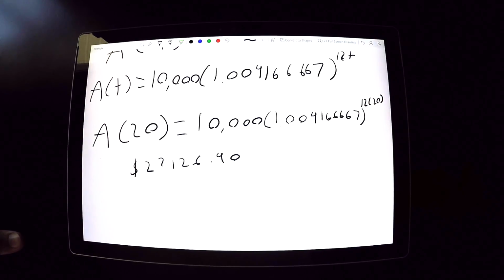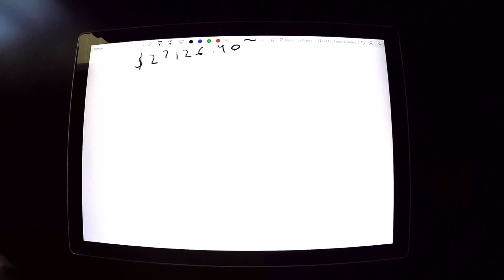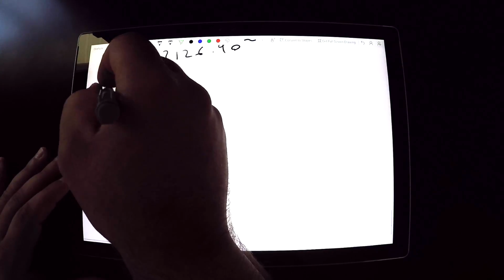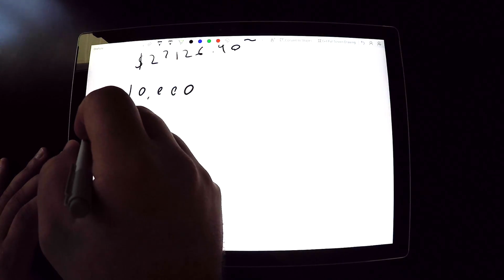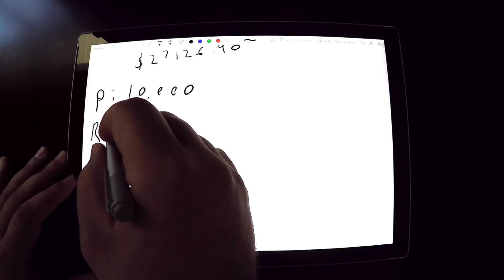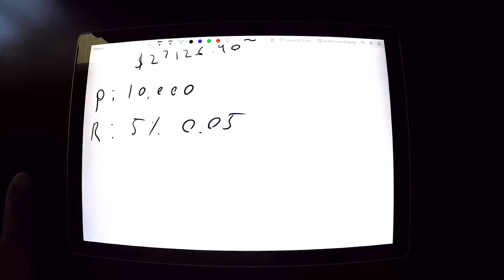All right. Now, if we're going to do this continuously, the principal P is still 10,000 and R is still 5%, or 0.05.